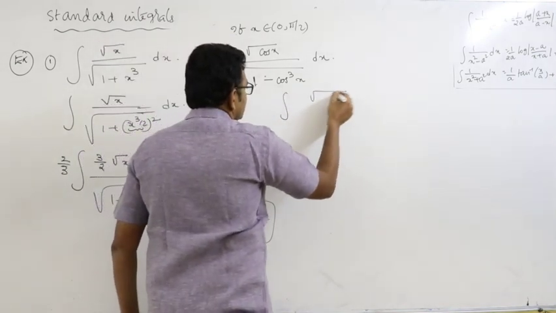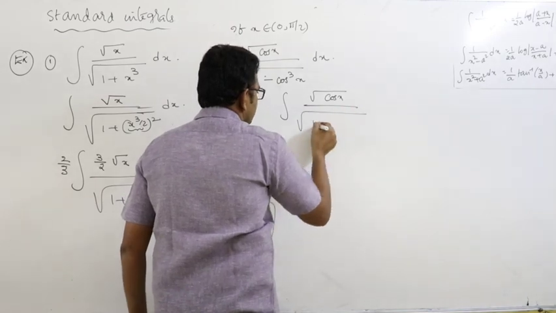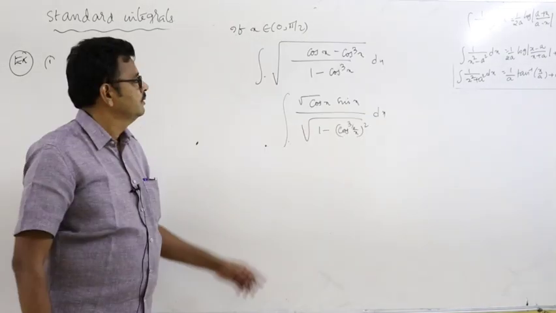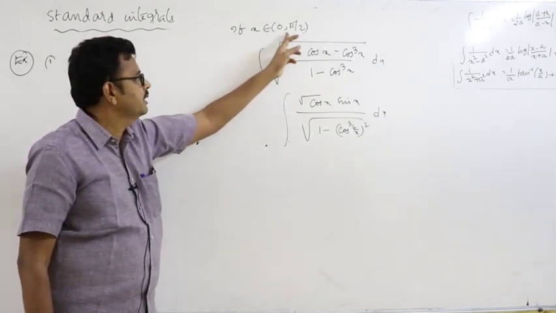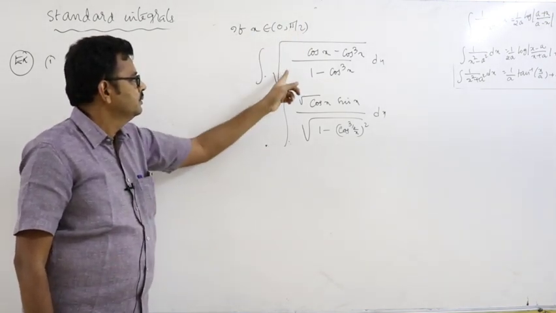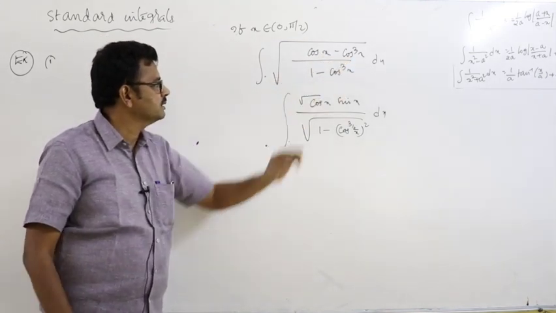Now the problem is root of cos x minus cos cube x by 1 minus cos cube x.